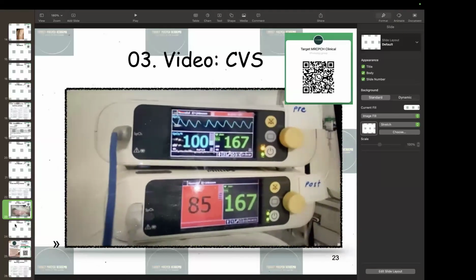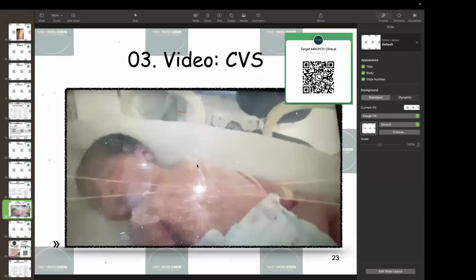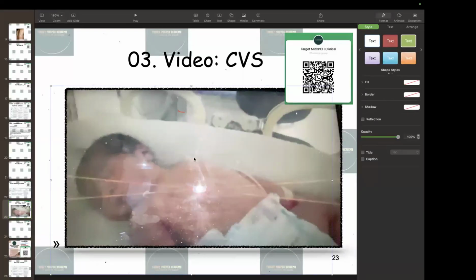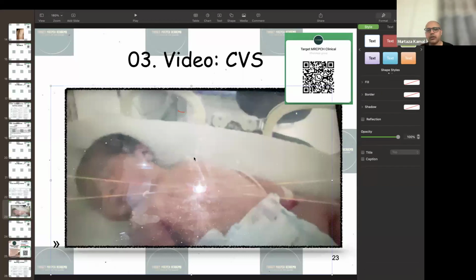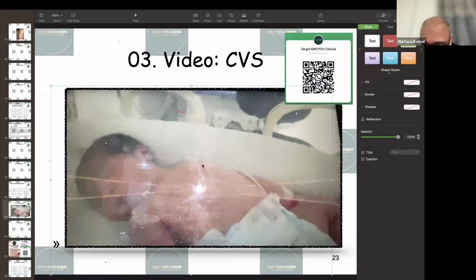I have to see the BP and the lower limb pulse, or the lower limb saturation. I didn't get your question, doctor. For coarctation of aorta, the bedside test is palpation of the pulse.